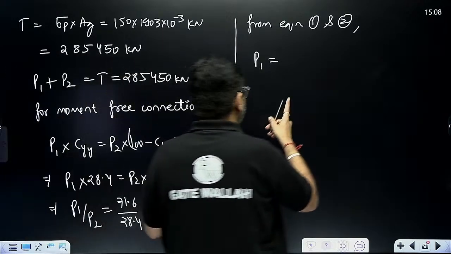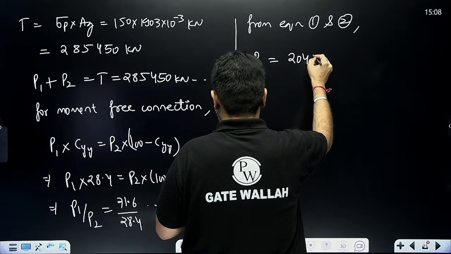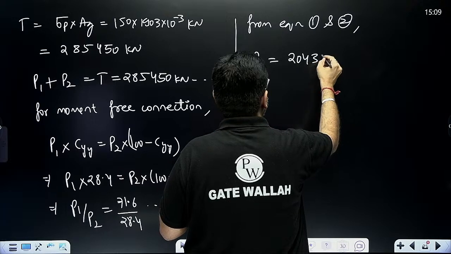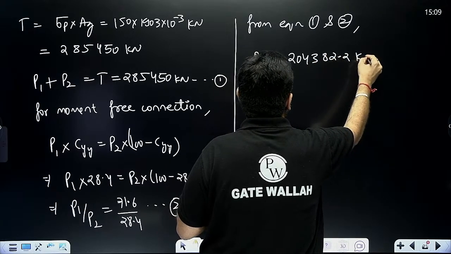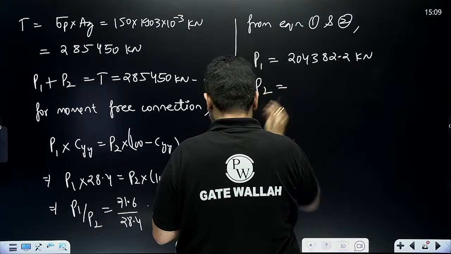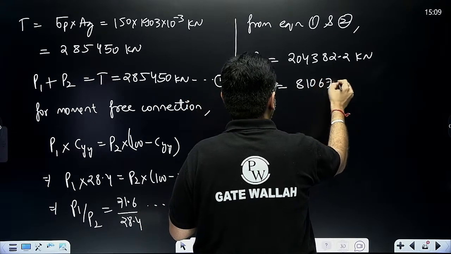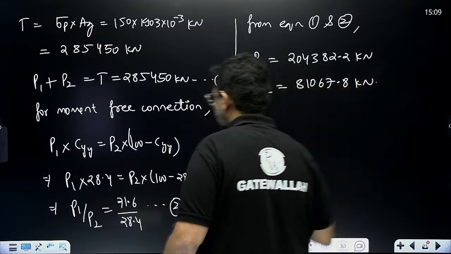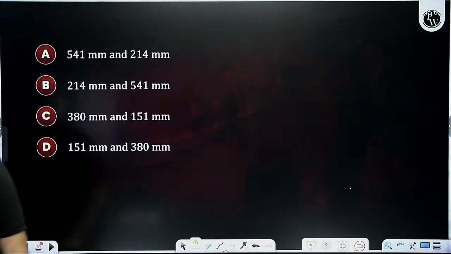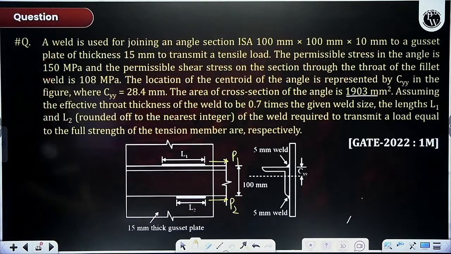P1 is 204,382.2 kilonewton. And P2, how much did you get? 81,067.8 kilonewton. Once we know P1, P2, we just have to calculate the length now.